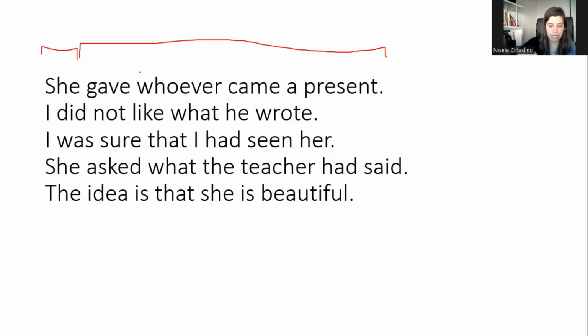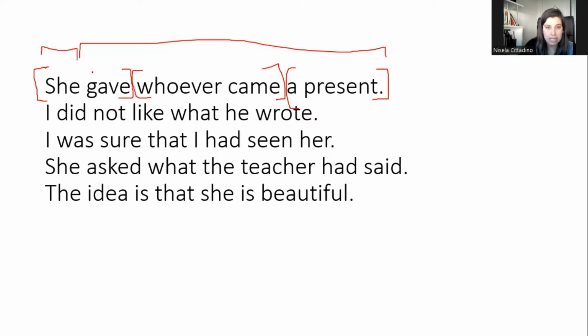And we have to identify the clauses. The first one is she gave. This is the relative clause, whoever came, and a present complements this one. She gave a present to whoever came. So we need to split the sentence like this.